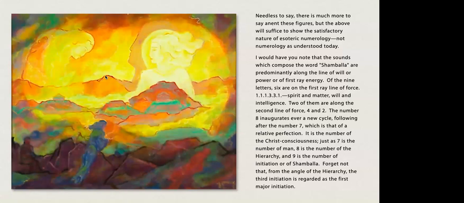It is the number of the Christ consciousness, just as 7 is the number of man. 8 is the number of the hierarchy, and 9 is the number of initiation or of Shambhala. Forget not that, from the angle of the hierarchy, the third initiation is regarded as the first major initiation. Thank you.